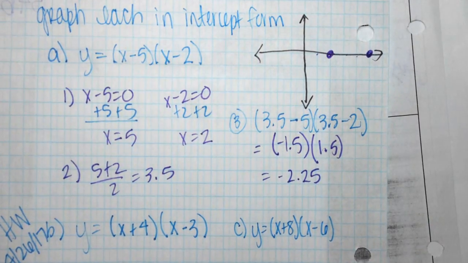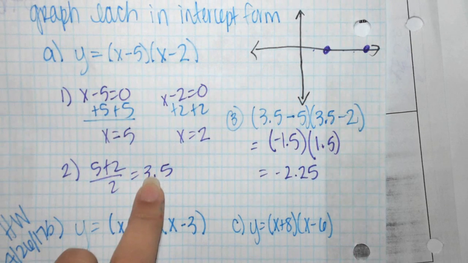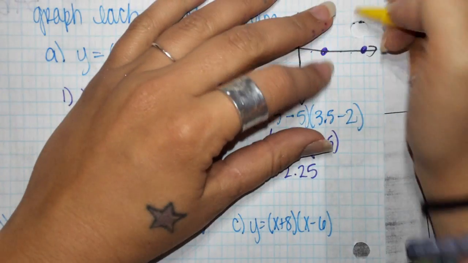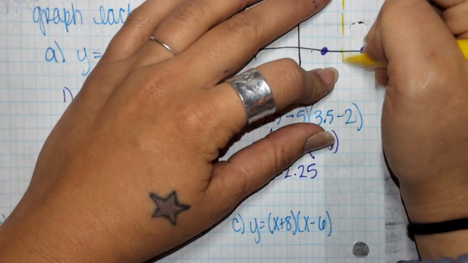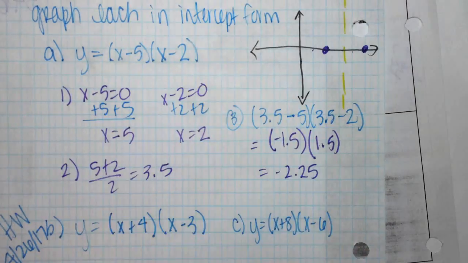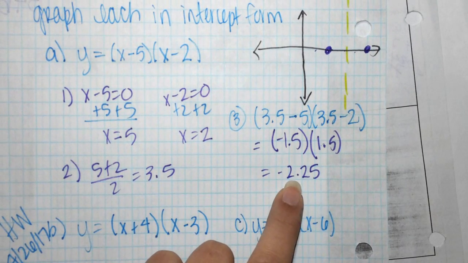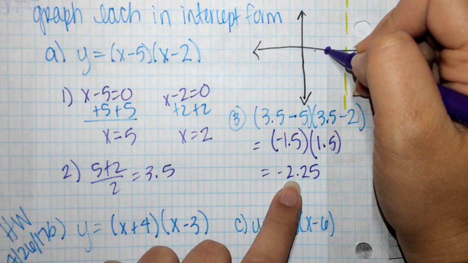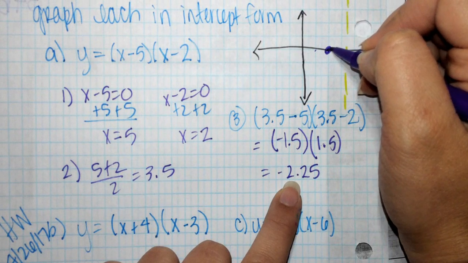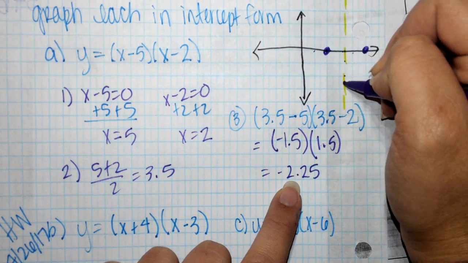What's my axis of symmetry at? 3.5. And where's my vertex at? Negative 2.25.